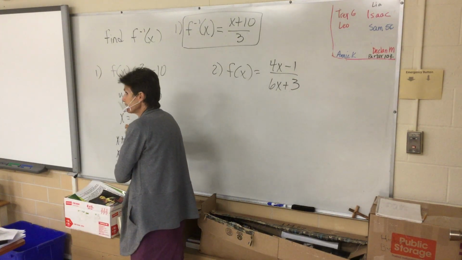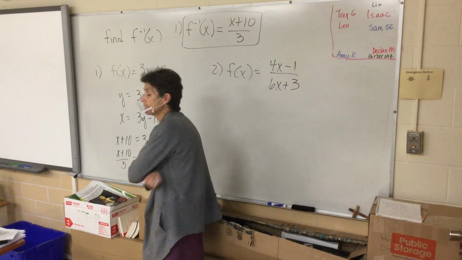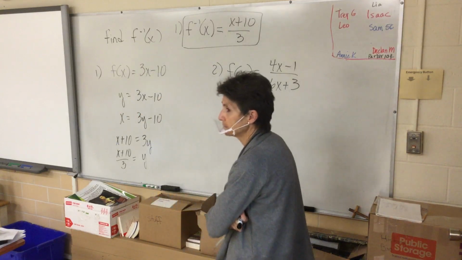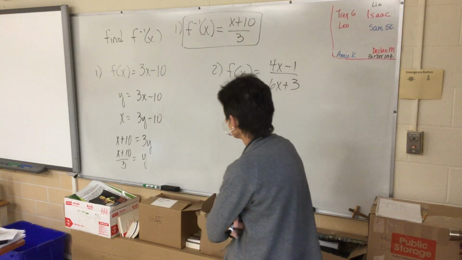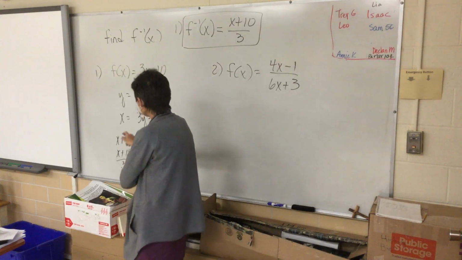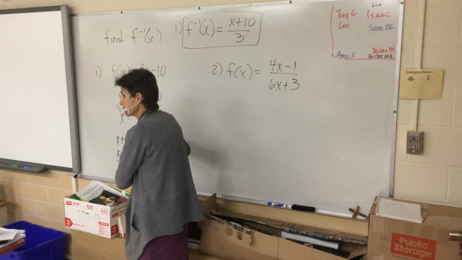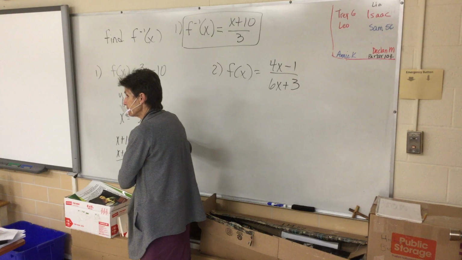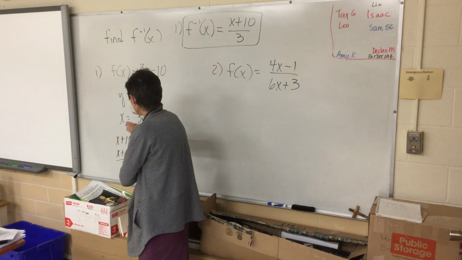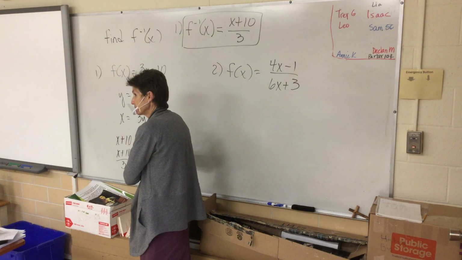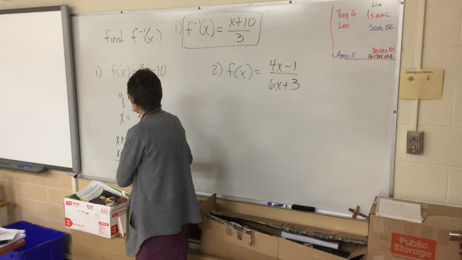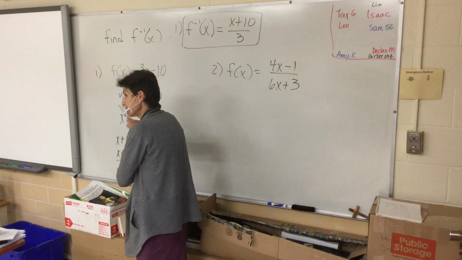I switched my variables. Well, I haven't done number 2 yet. Did you switch your variables, Kenny? Yeah. Okay, then you add 10. I got negative 10x. You add 10 to both sides.